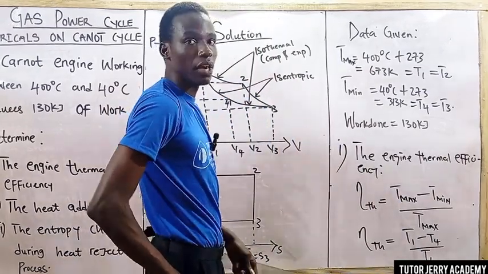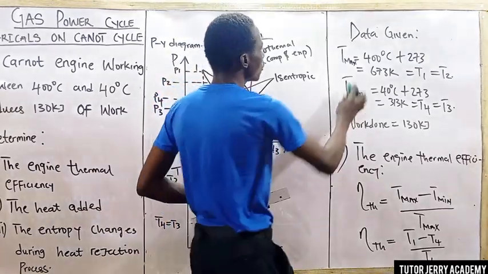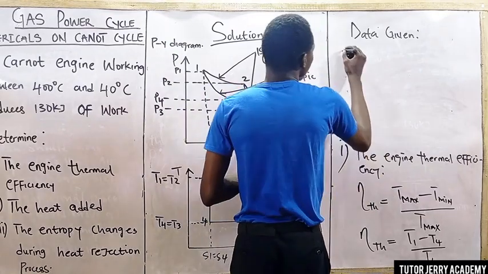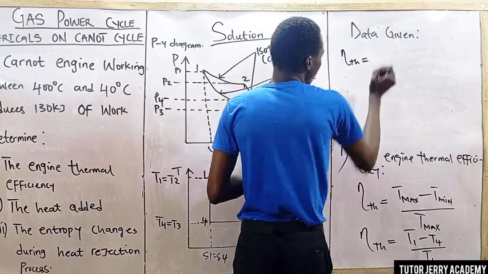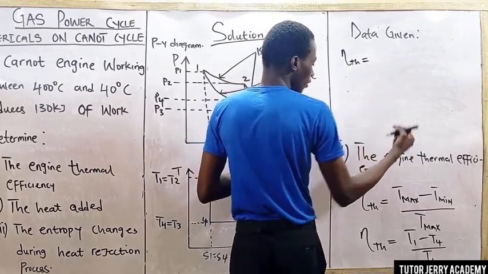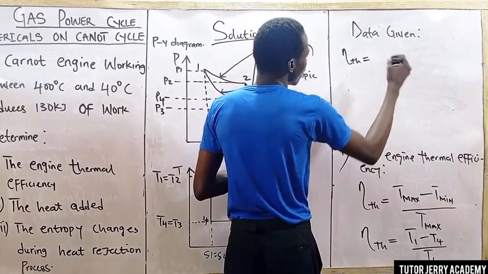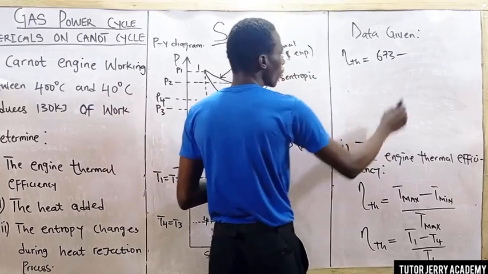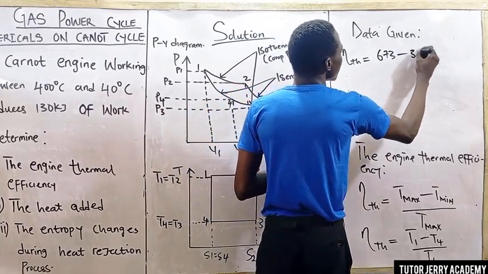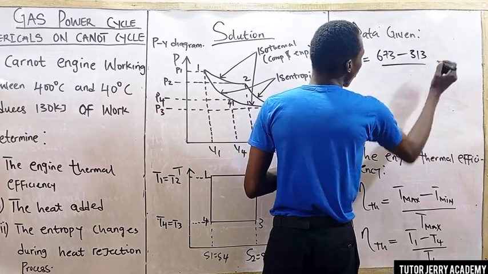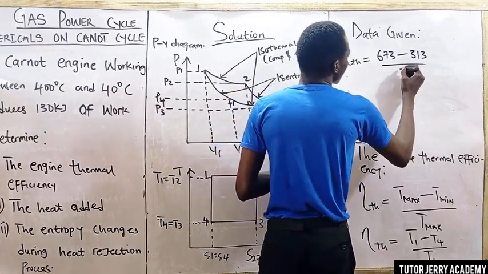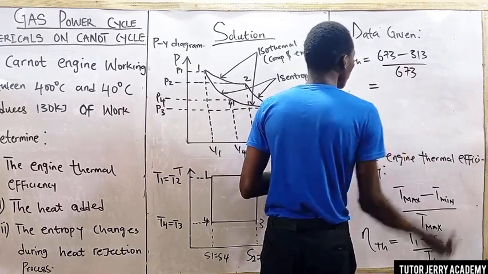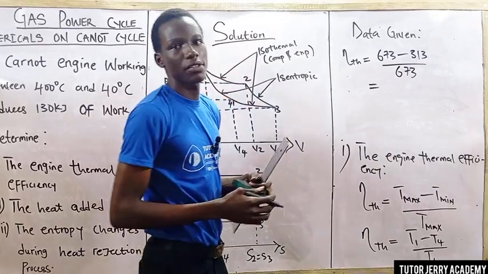Next, we are going to be substituting our values. The efficiency of the Carnot cycle, nth, will be equal to T1, which is 673, minus T4, which is the minimum temperature, 313, all over T1, which is our maximum temperature, 673. All you have to do is press this in your calculator.